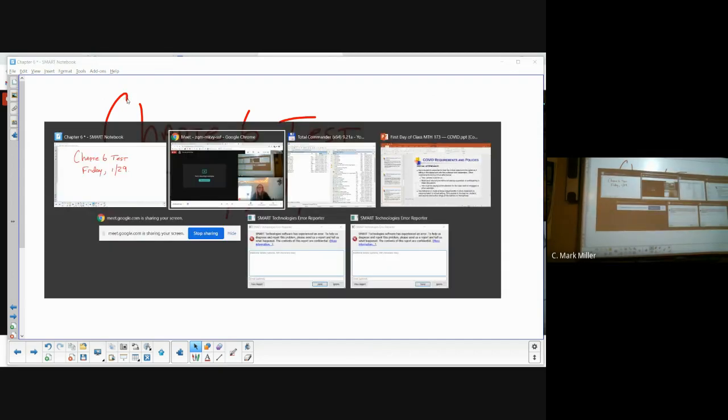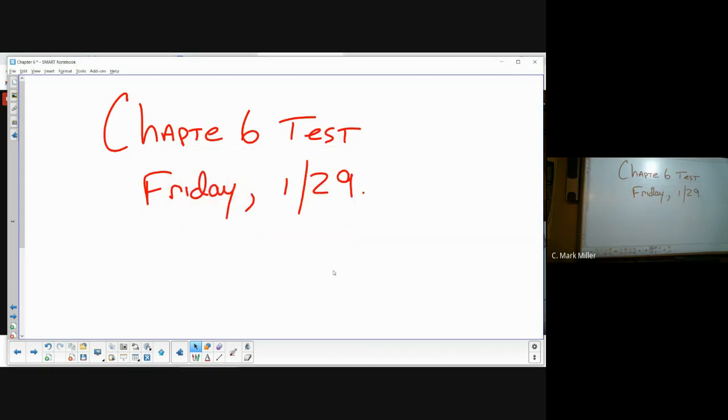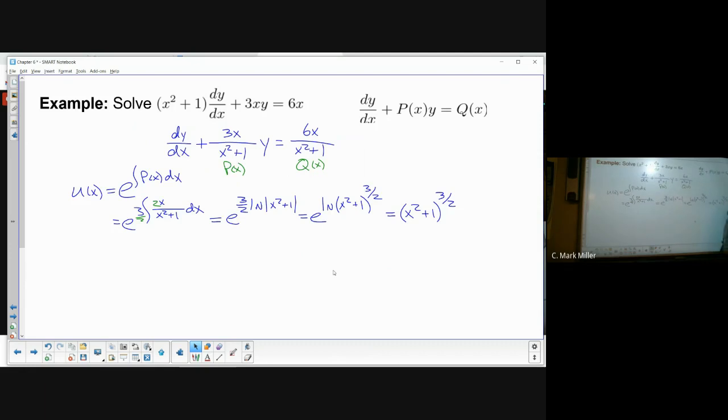Going back, we were in the middle of this example, and it was a first-order linear differential equation. Our first step in one of those is to write it in the proper form.